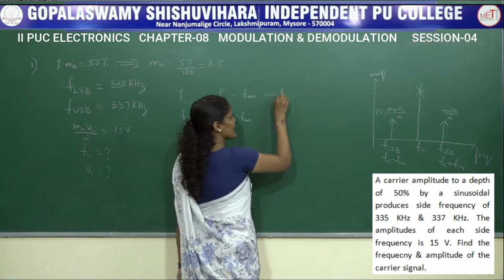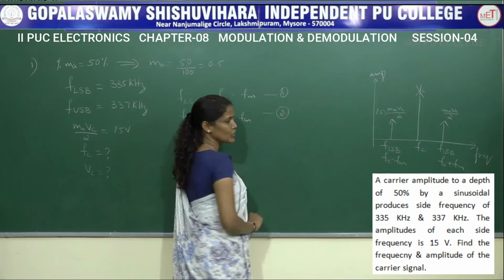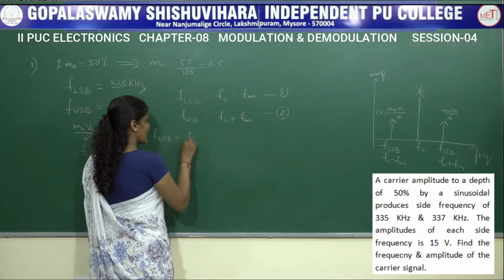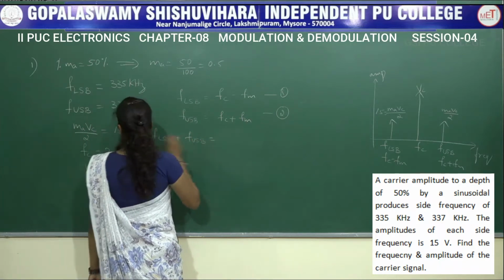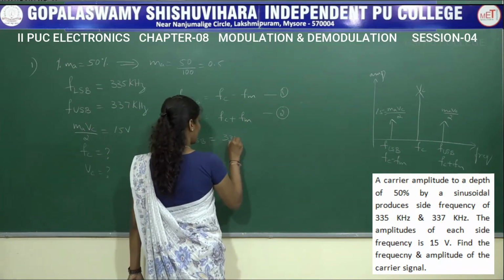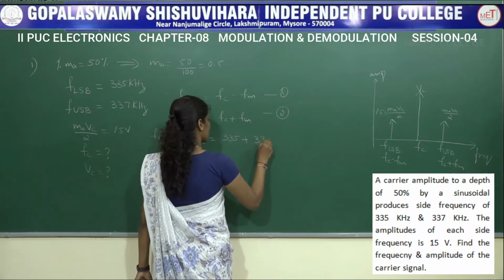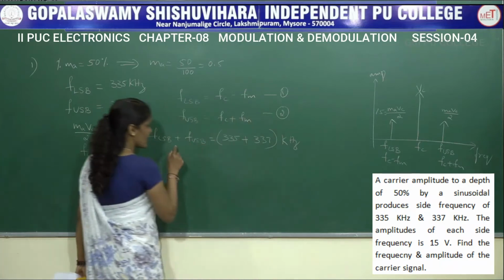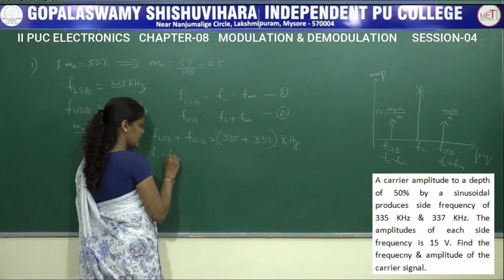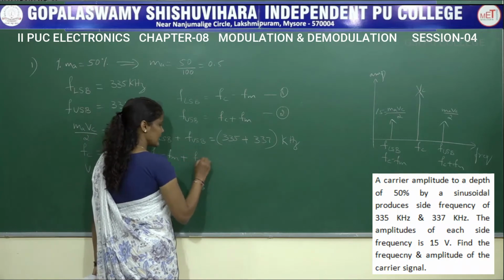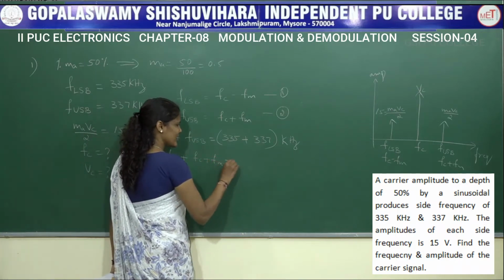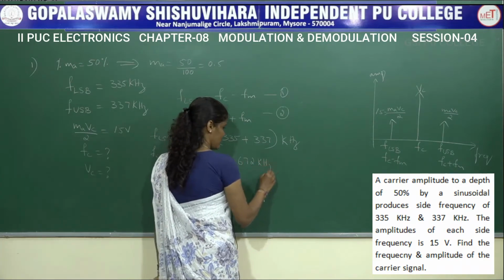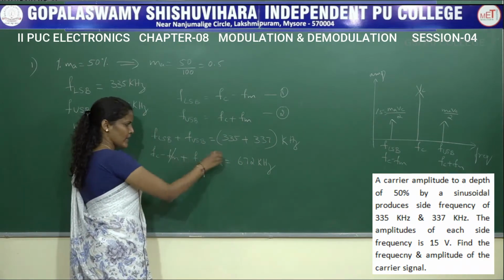Let us call this equation number 1 and this equation number 2. Now adding 1 and 2, FLSB plus FUSB, where the LSB value is 335 and the FUSB value is 337 kilohertz. FLSB is FC minus FM, FUSB is FC plus FM, which is equal to 672 kilohertz. FM cancels.